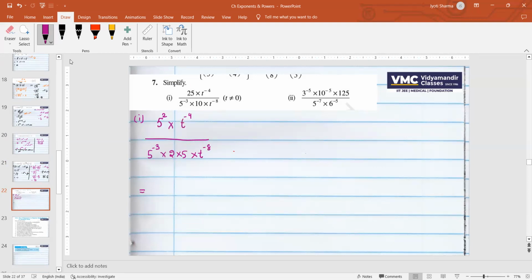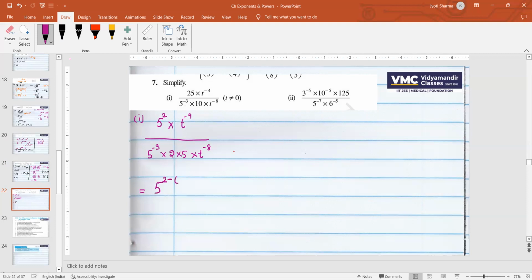Now we will see where you can do a little bit of oral calculation so that your steps are saved. You just see where your powers are becoming positive. If you send all the 5's power upside or downside, I have observed that sending it to the numerator is the better option. So already 2 is there.